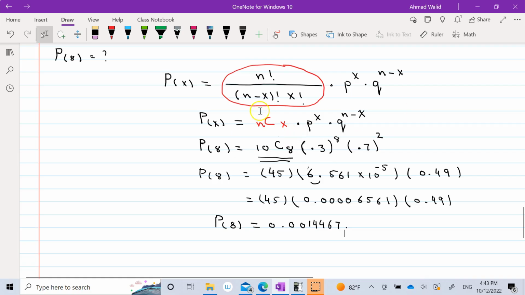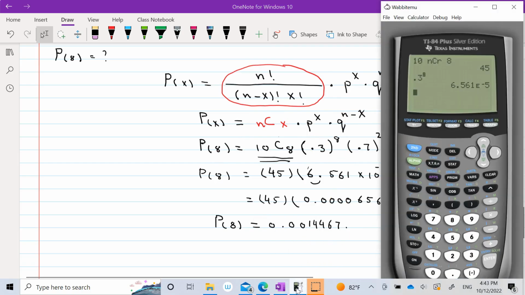Okay, now, if you want to solve this problem without using the formula, I'll bring up the TI-84 and I'll show you the process of how you can use your TI-84 without using the formula. Correct? What you do, write some notes, click on second, then variance.